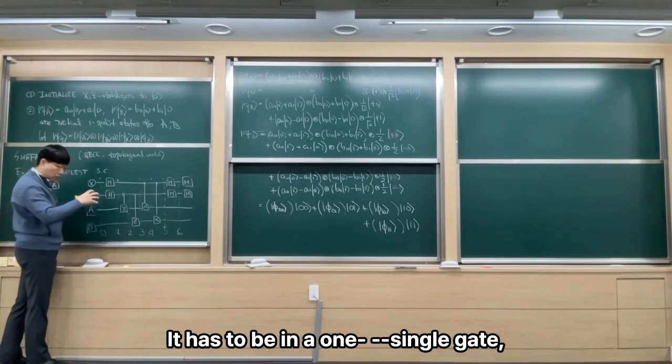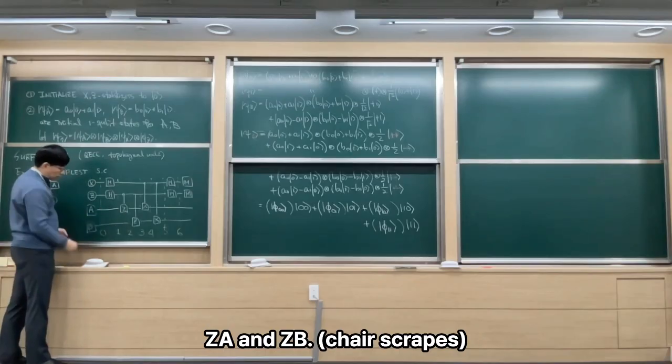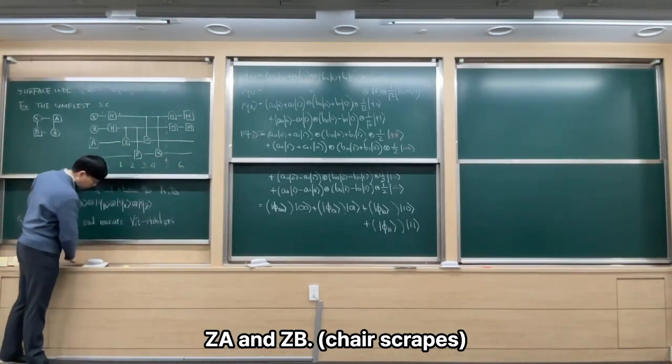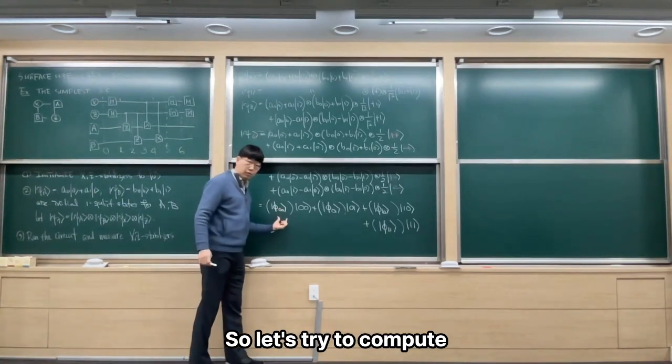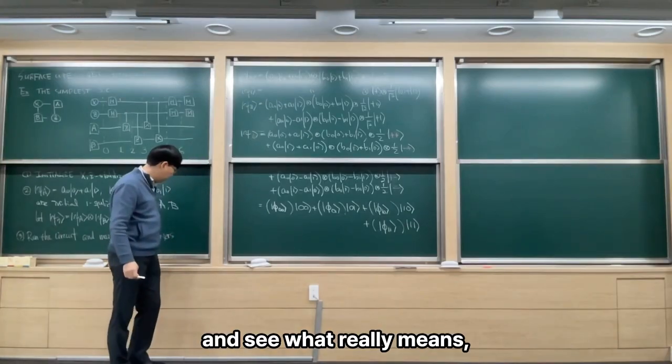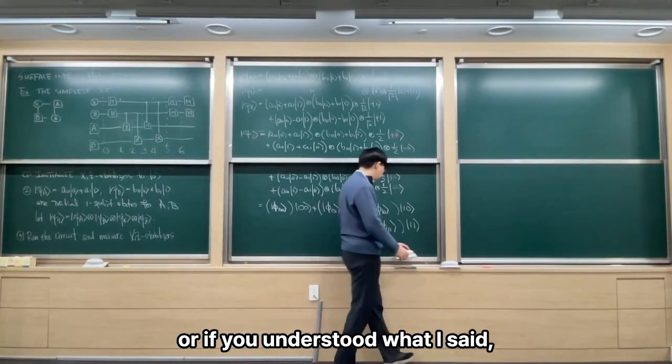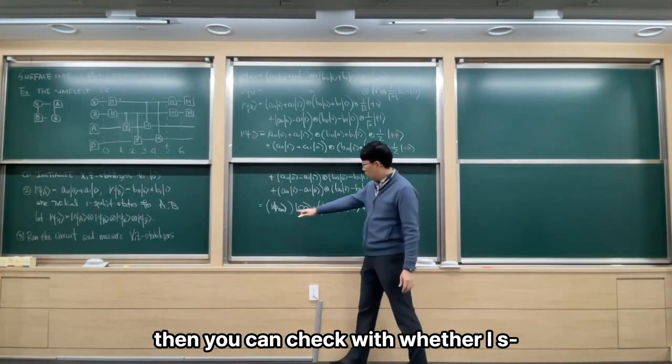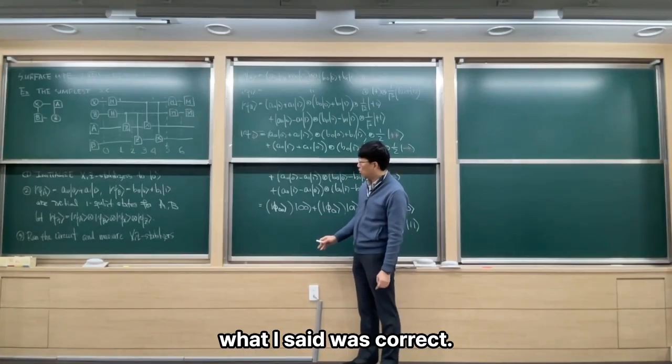It has to be in one single gate, ZA and ZB. So let's try to compute and see what it really means. Or if you understood what I said, then you can check whether what I said was correct.